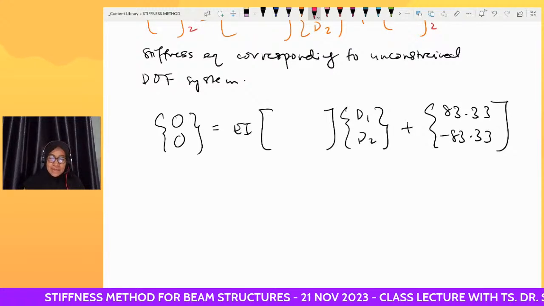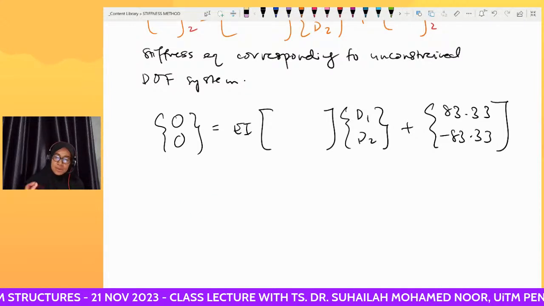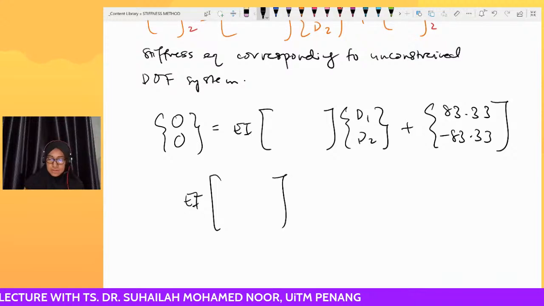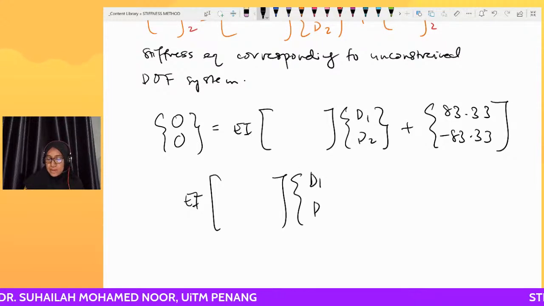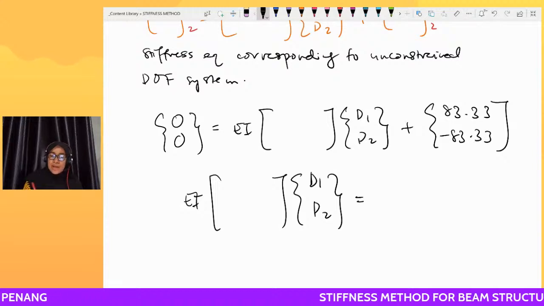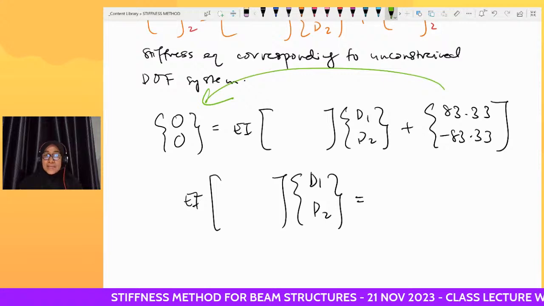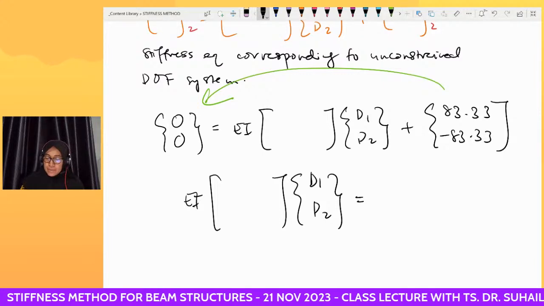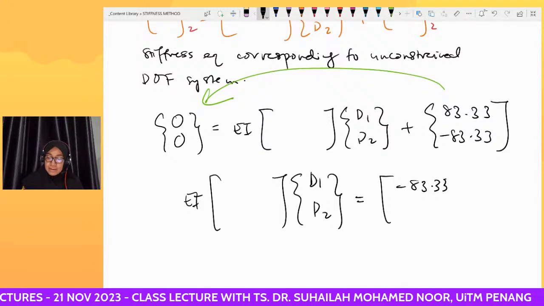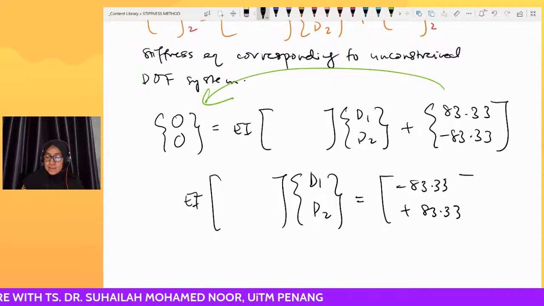So we rewrite this equation, EI times D1, D2 equal to, so we have to bring this to the right, 0 minus 83, so we get here negative 83.33 and positive 83.33.